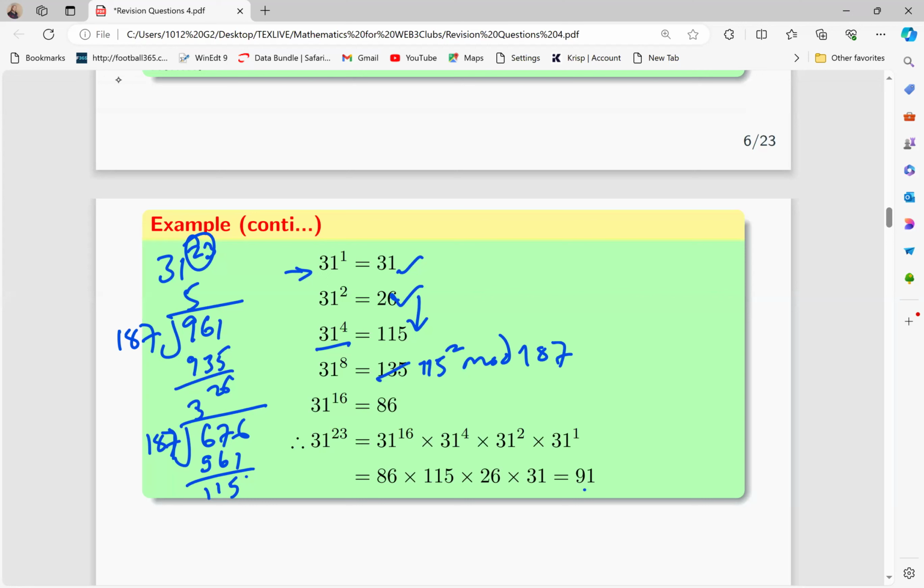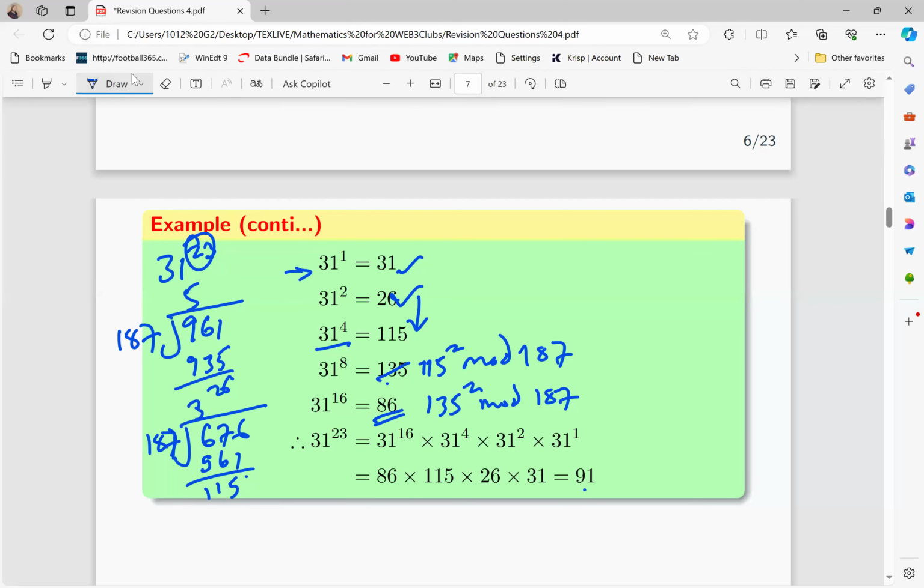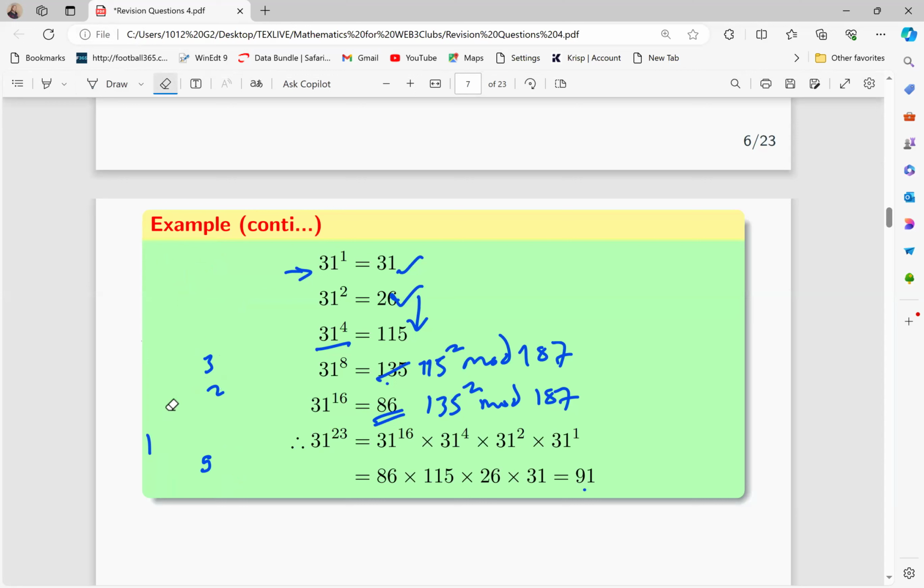And then at this point, you're taking that 135 squared and then mod 187. Is that okay? Which means divide by 187 and write the remainder. Good. Now, so after you've done all that, you notice that you cannot square again after that.